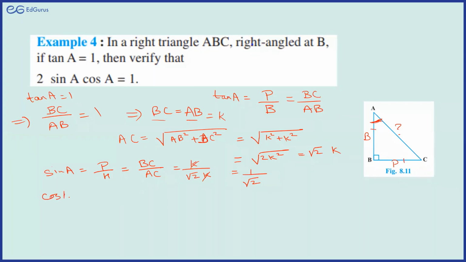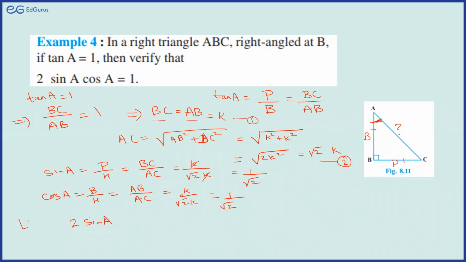और cos A क्या होगा? Base upon hypotenuse. Base is AB upon AC. AB क्या है? From here, we can say AB is K. And from here, we can say AC is root 2K. So this is also 1 by root 2. Right? Now, what is twice of sine A cos A?